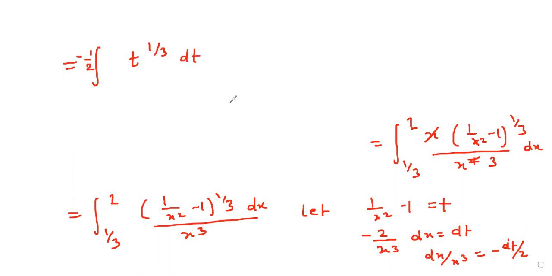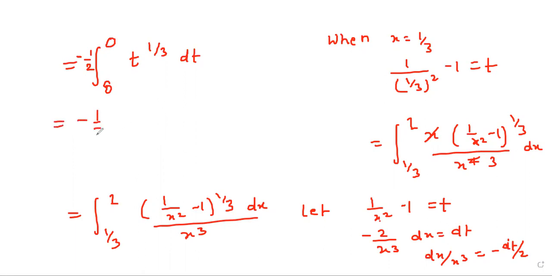Let's change the limits. When x equal to 1 by 3, then what about t? So 1 upon 1 by 3 means 1 by 3 squared, that will give 9 minus 1 equal to t. So 9 minus 1, that is 8. So lower limit will be 8. And when x equal to 1, 1 upon 1 is 1, minus 1 equal to t, then t will be 0.